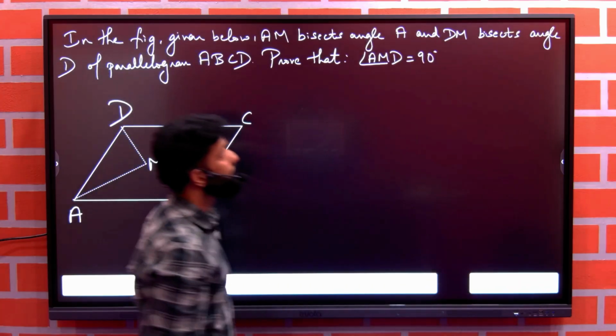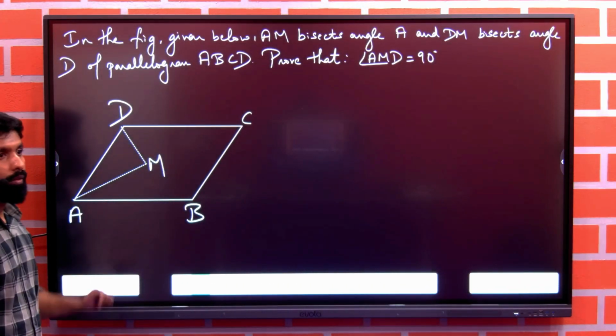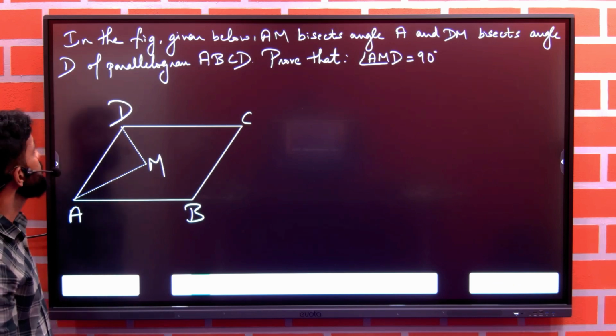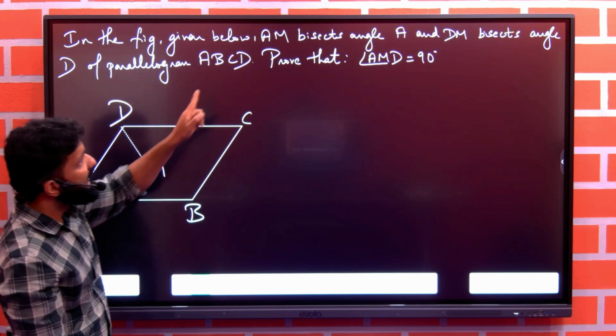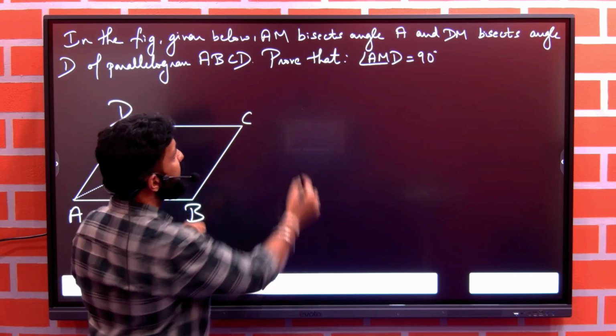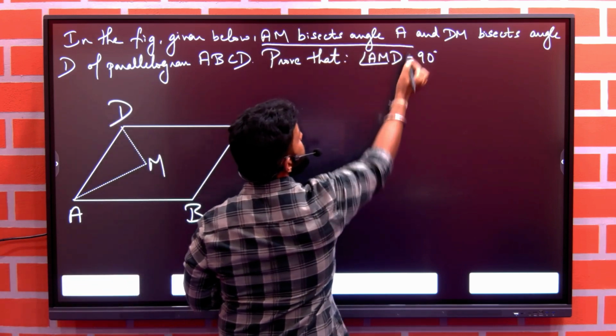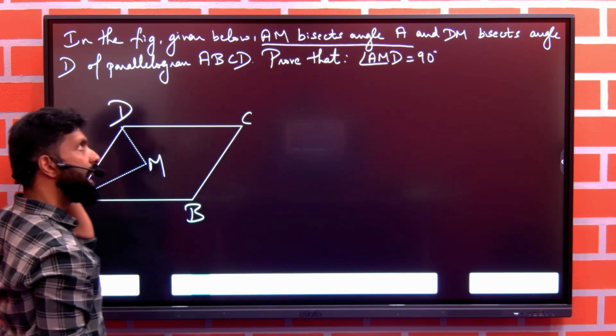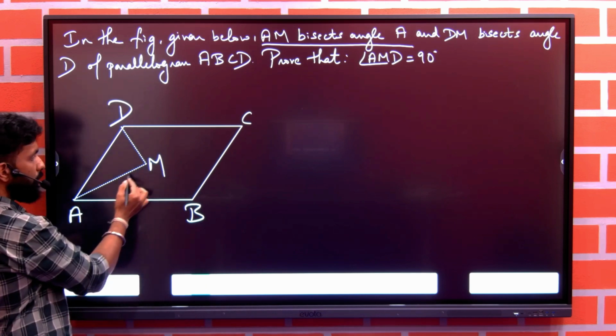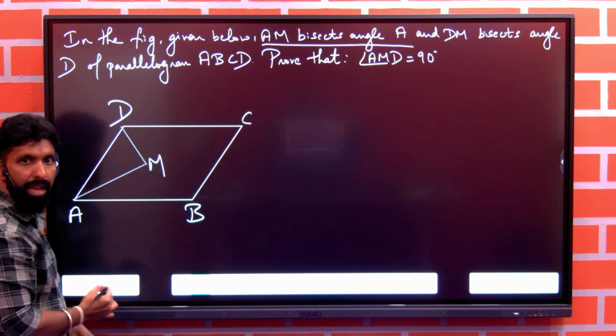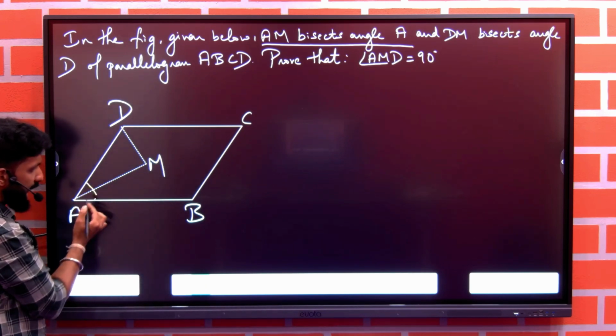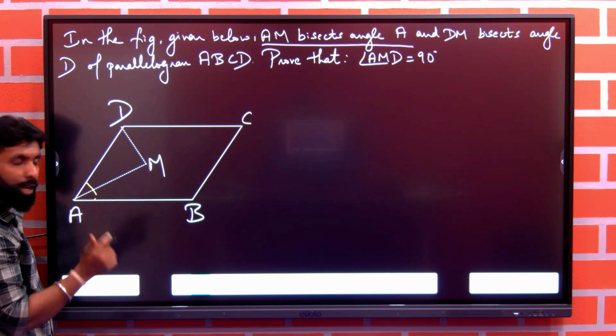Next question. Oh, we have a question with a figure here. In the given figure, AM bisects angle A. I hope you're able to read this. So what is the meaning of AM bisects angle A? So this entire angle is being divided into 2 equal parts.